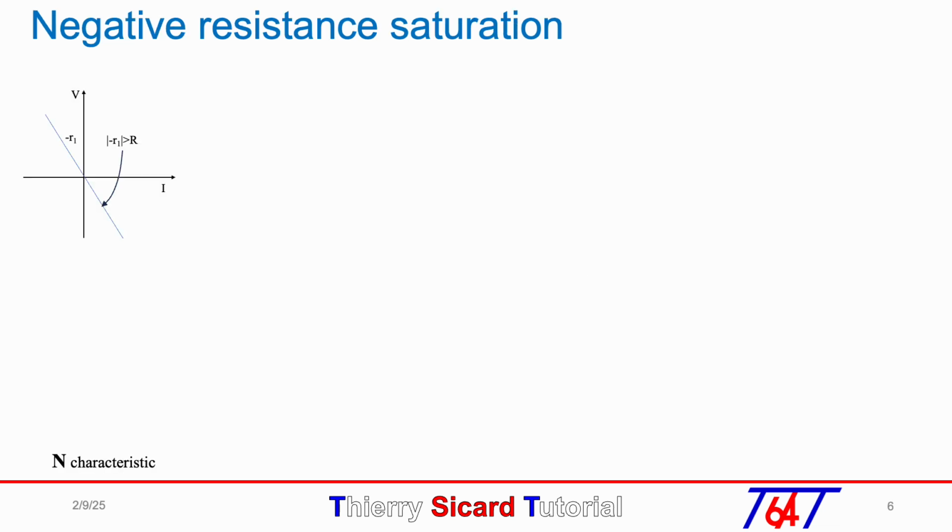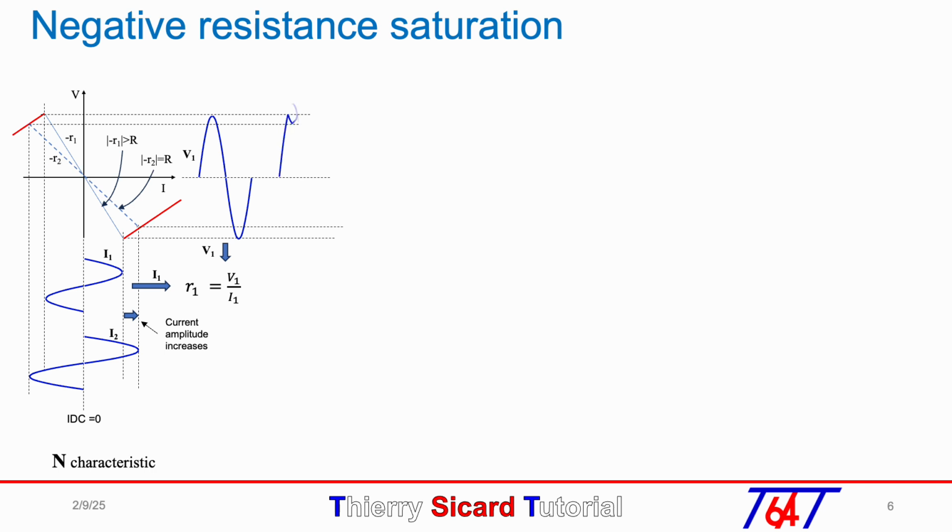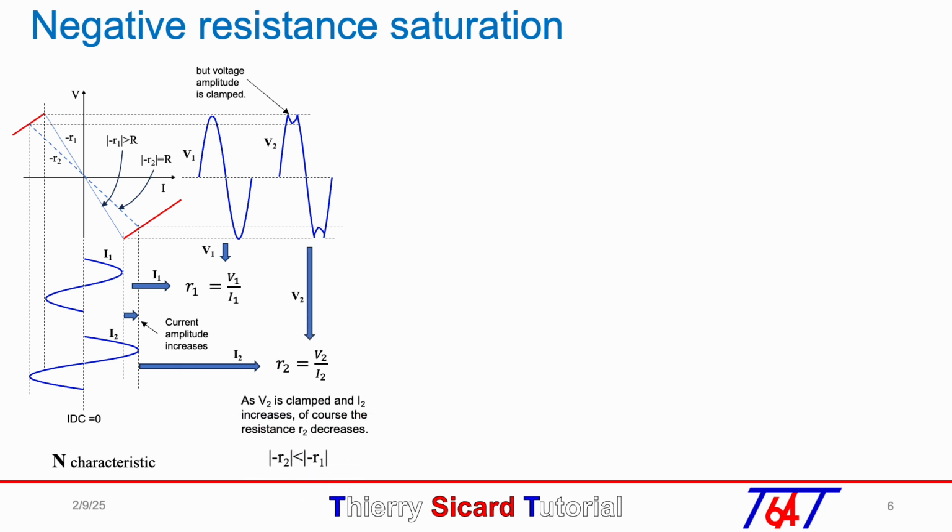When the negative resistance minus R1 is in the linear region, the resistance is given by the ratio V1 over I1. When the magnitude of the current I2 goes out of the linear region, see the red line, the absolute value of the negative resistance decreases because the magnitude of the voltage is limited due to the saturation. Of course, as the magnitude of V2 is limited and the current I2 continues to increase, the resistance R2 decreases.